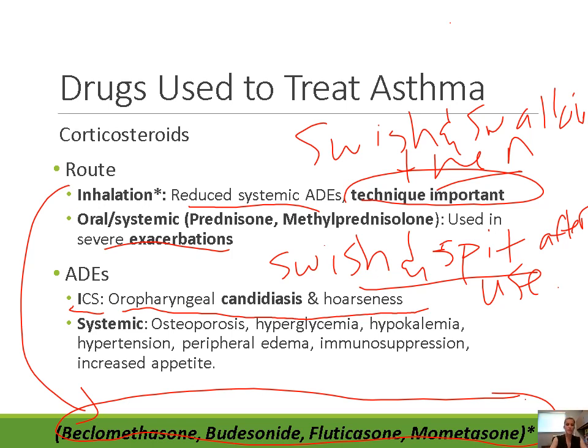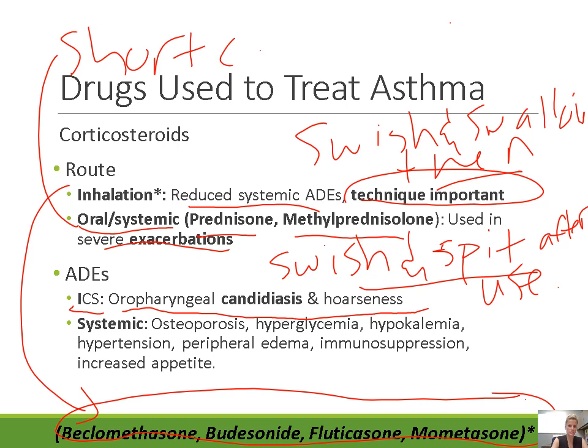In that case, we can give a short course of oral or systemic corticosteroids, drugs like prednisone or methylprednisolone. Again, this is just a short course of therapy used in severe exacerbations.